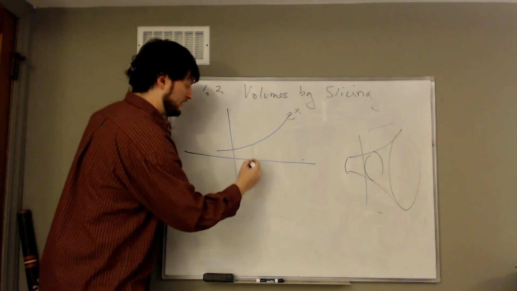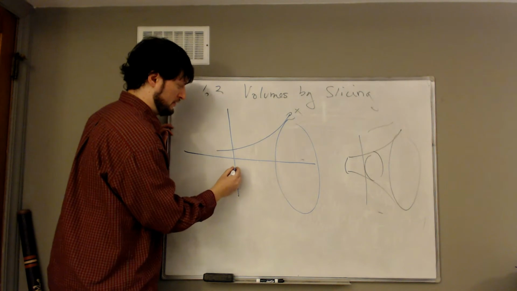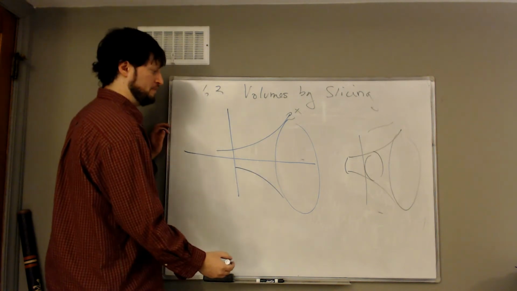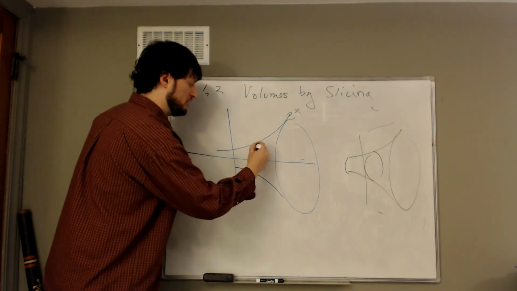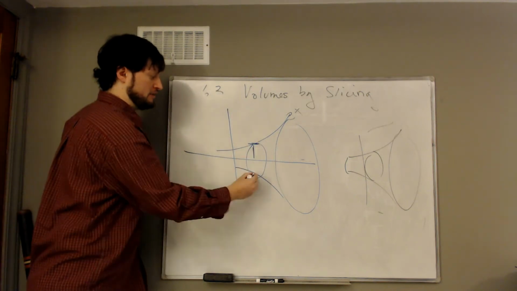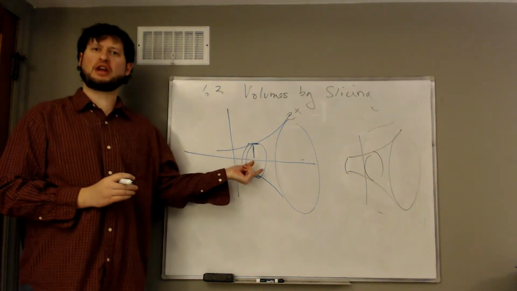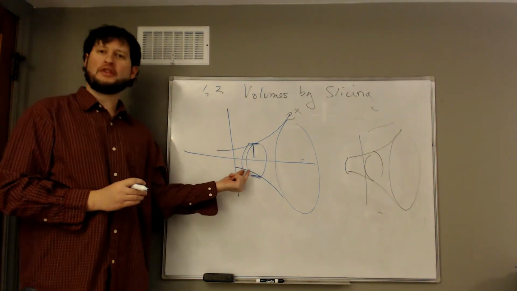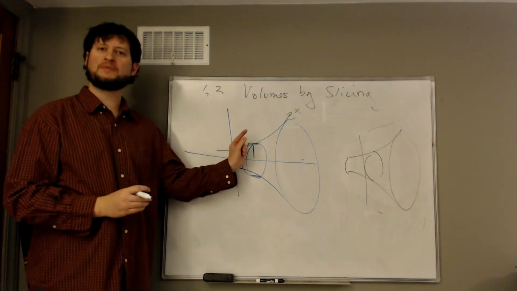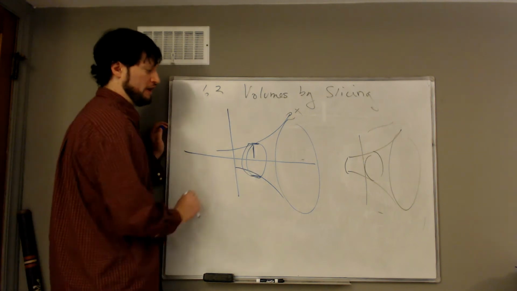Here's e to the x, and if I rotate this around the x-axis, this is the shape that I get. I'm going to take this small little piece and rotate that around. I'm going to think about thickening that. So let's thicken that up, and what we get is a cylinder type shape, a small, thin little thickened circle, which is actually a cylinder with a very small height.